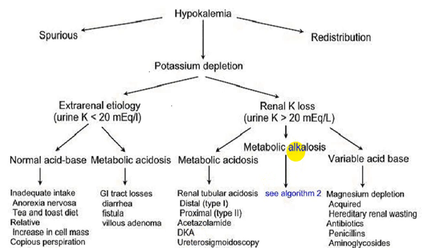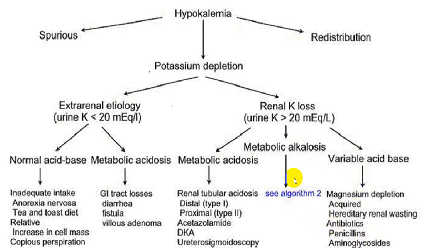We'll look at that in the second slide. And if there is excessive urinary loss but no abnormality in pH, with pH between 7.35 and 7.45, we look at groups like magnesium deficiency, renal wasting syndromes, penicillin, aminoglycosides, leukemia, etc.